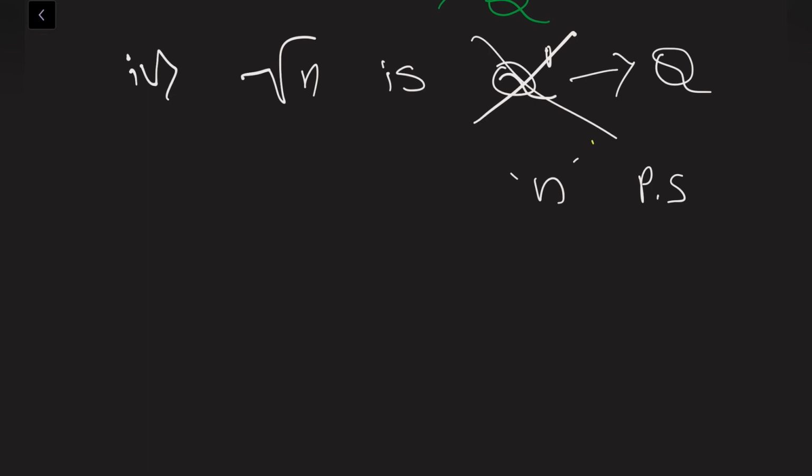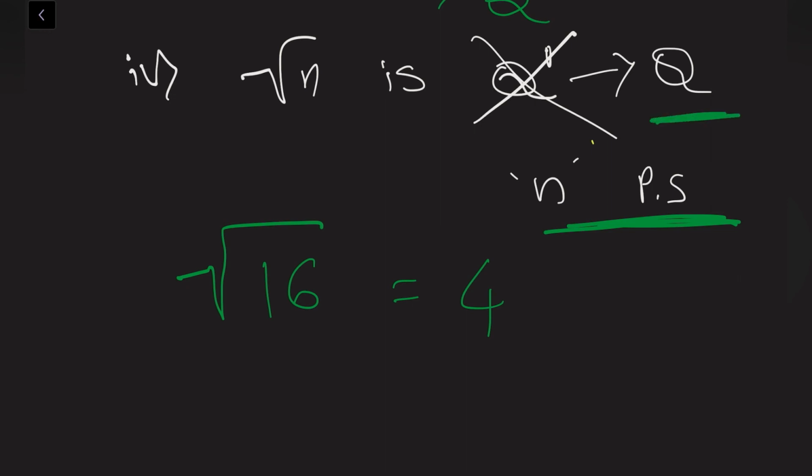Okay, now see, root n is rational if n is a perfect square. Now in the place of n he said clearly it is a perfect square. So perfect squares: 1 square is 1, 2 square is 4, 3 square is 9, 4 square is 16, those are perfect squares. So I am taking one perfect square, 16. Root 16 is nothing but 4. Obviously 4 is a rational number only. That is what he also said, rational number. So this fourth statement is also correct.